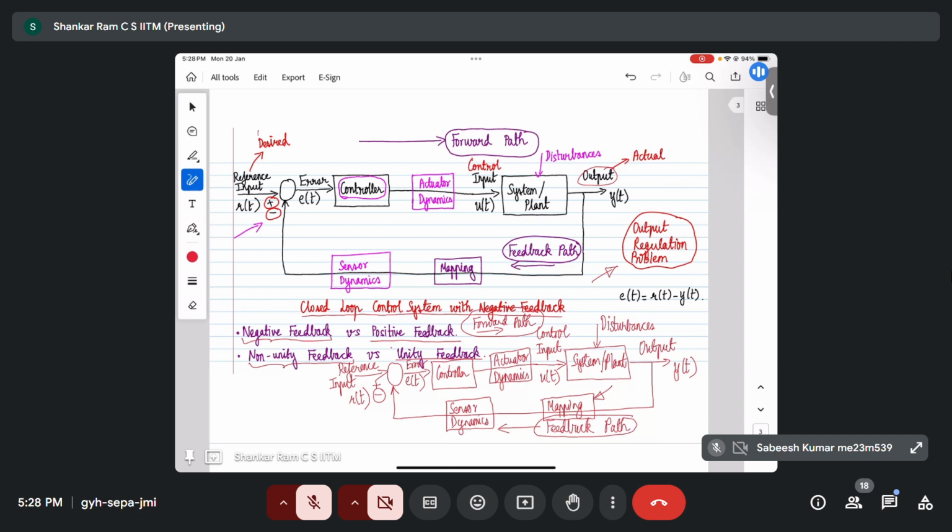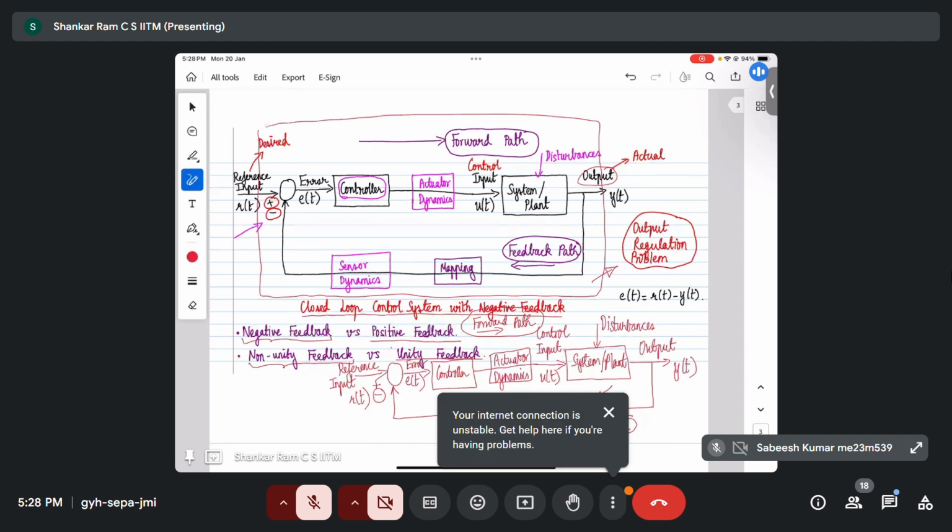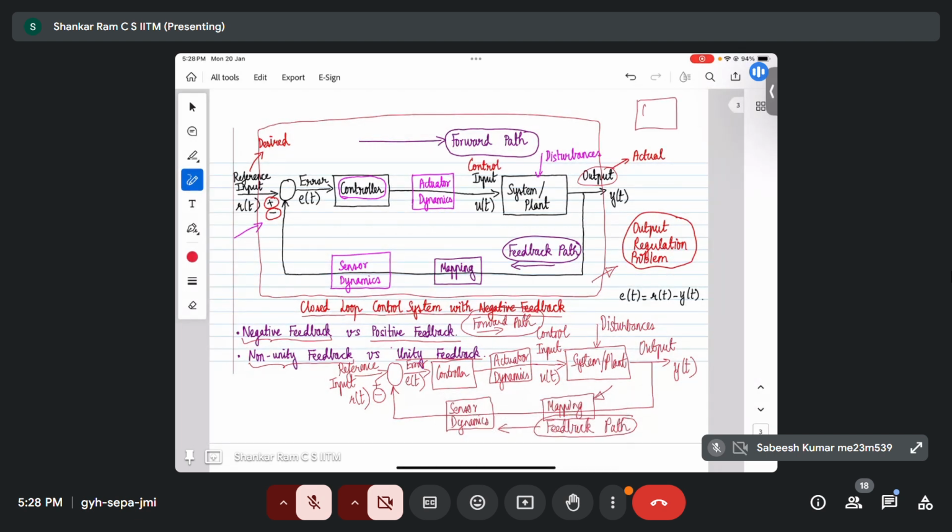And if we draw a big block diagram around the entire thing, you can immediately see that for this big block diagram, what we call the closed loop system, the input is the reference input, R of t, and the output is the actual output, Y of t. So now I hope it's clear why we call R of t a reference input.